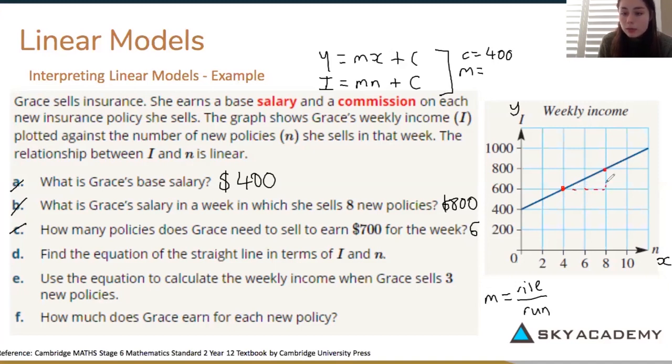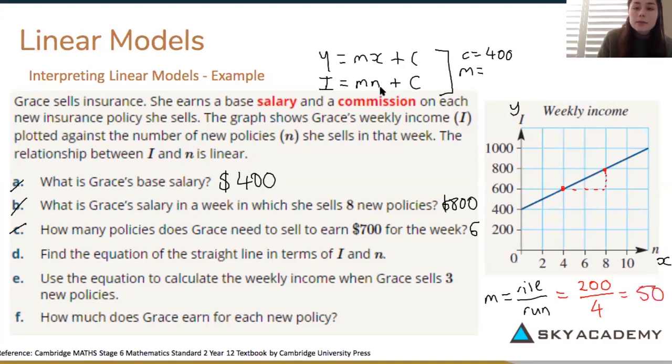My rise is going to be from 600 to 800, which we know to be 200. And my run is going to be from 4 to 8, so that's going to be a value of 4. And so 200 over 4 gives us a value of 50. And so our M is going to equal 50.